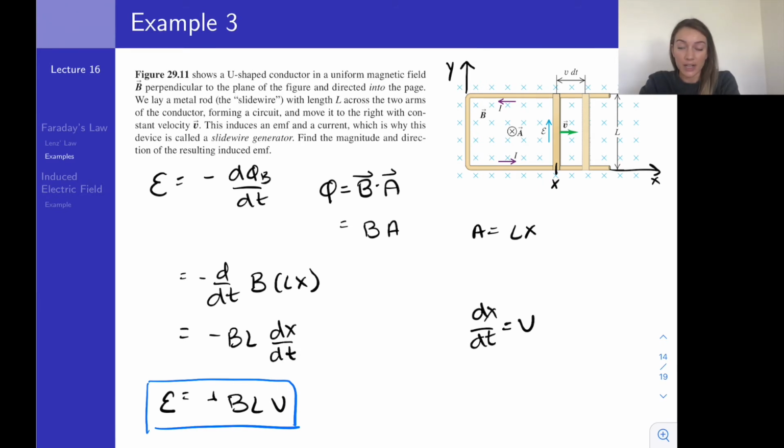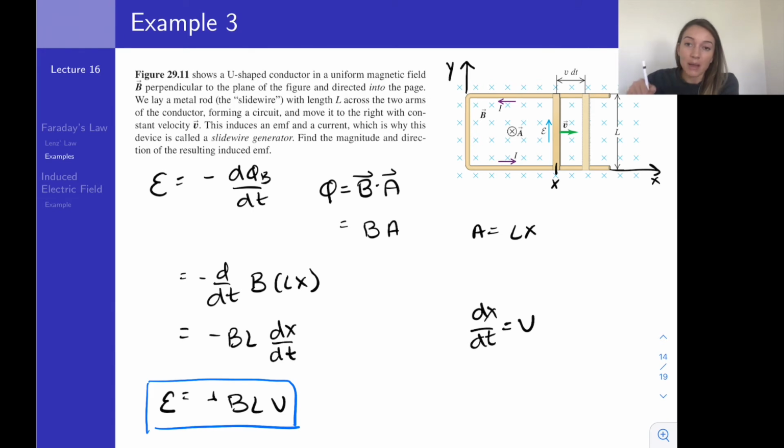But now what's the direction? So how is my flux changing? Well, as I enclose more and more area as I move this wire to the right, my area is increasing, right? My area is getting bigger and bigger as time goes on. So that means my flux is increasing, and it's increasing into the page because both my magnetic field and my area vector I defined into the page.